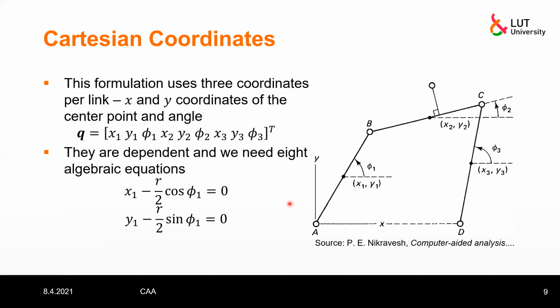We can just assign those coordinates to bodies and then connect them with joints. The main advantage is that it's reasonably easy to write an algorithm out of it, so it's nicely designed for computations using computers.